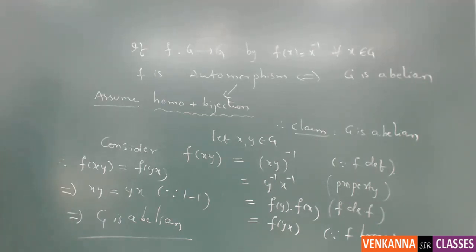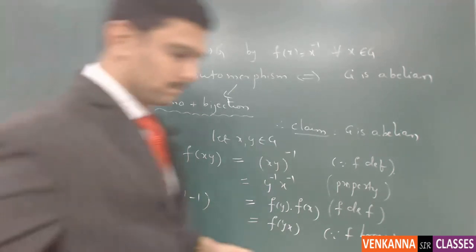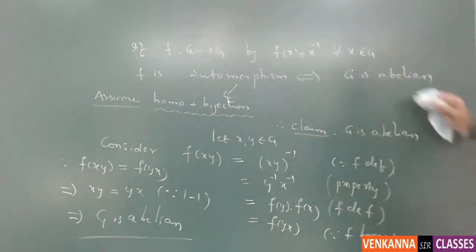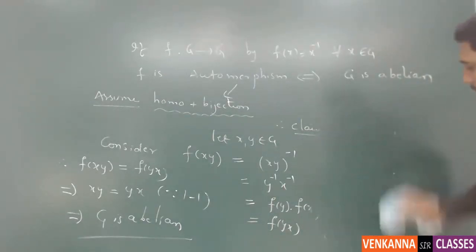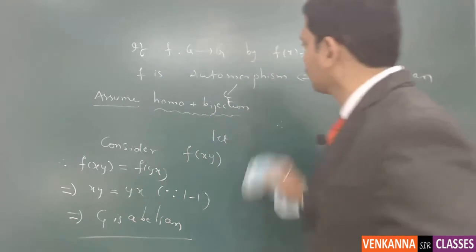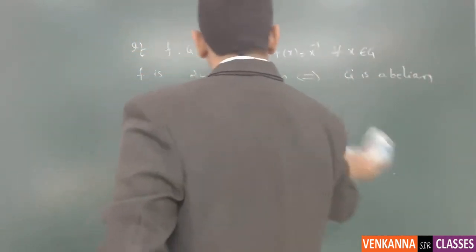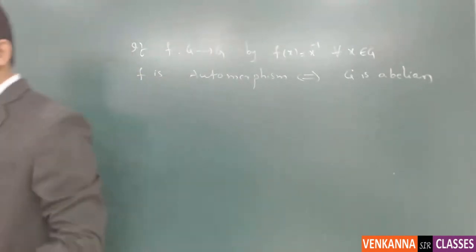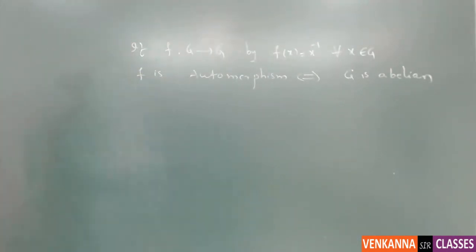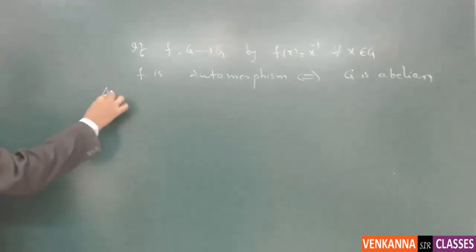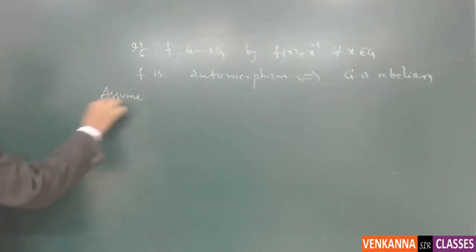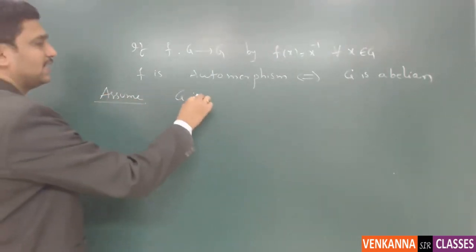Right? So then we discuss the opposite part, the converse part. So now we are assuming that G is abelian.